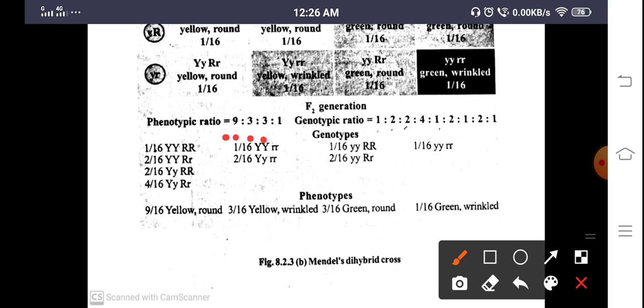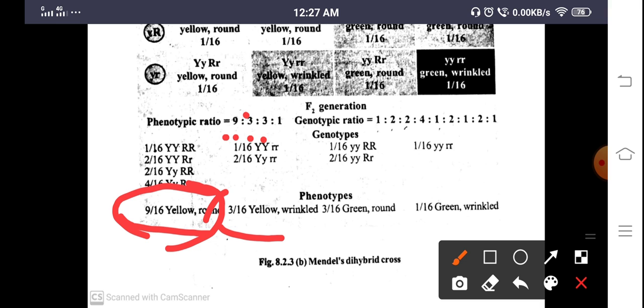Here 9 indicates yellow and round, like the parents. 3 indicates yellow wrinkled.